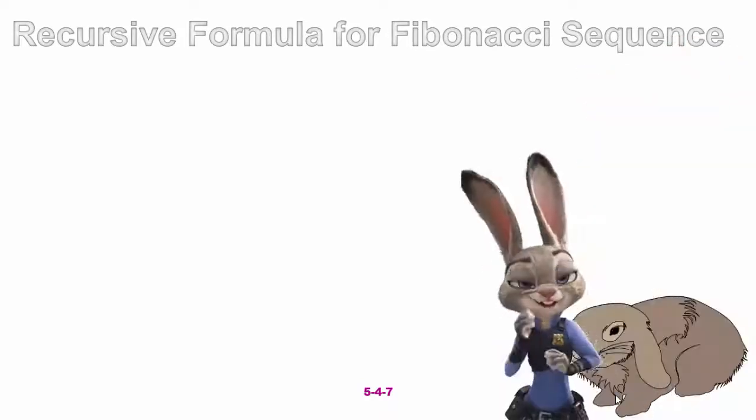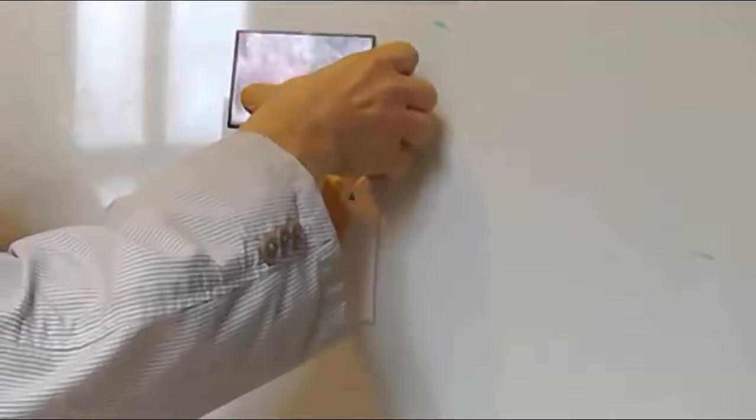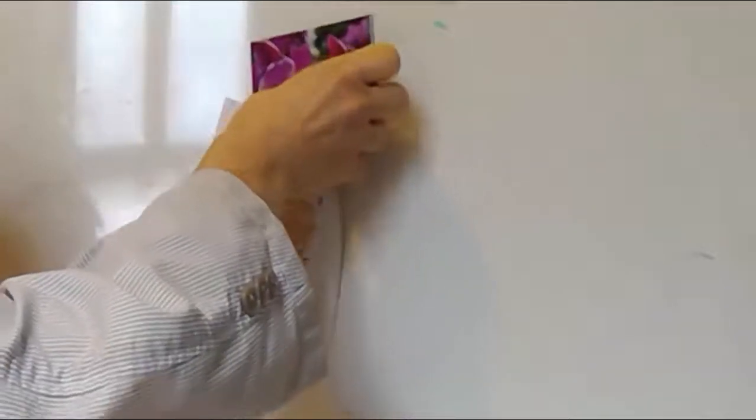Now, as mentioned a little bit earlier, there is a thing called a Fibonacci formula, and it is a recursive formula. So let us go over to the whiteboard and discuss what a recursive formula is for the Fibonacci sequence. The Fibonacci number is what's called a recursive formula. So what that means is that, remember, let's say we look back at our sequence, and I'll just do the first two.